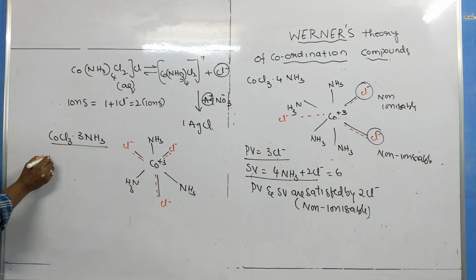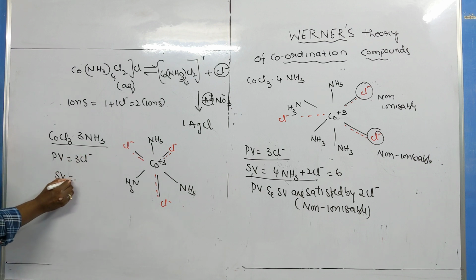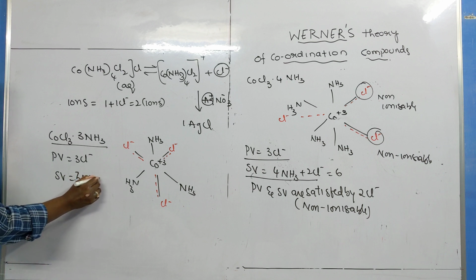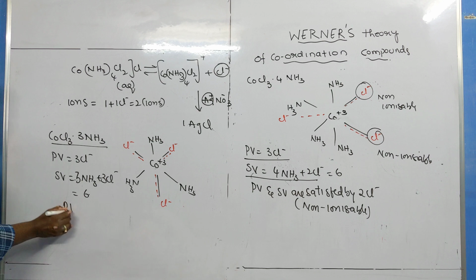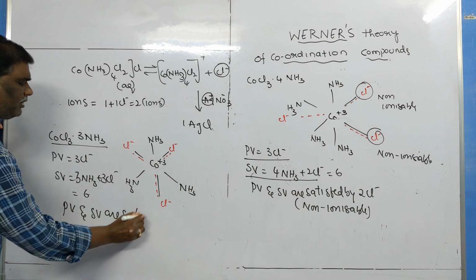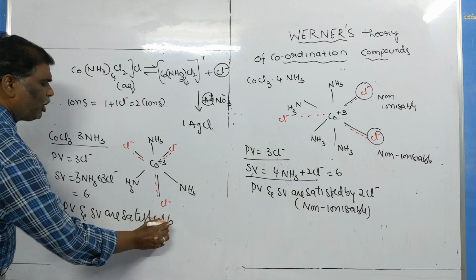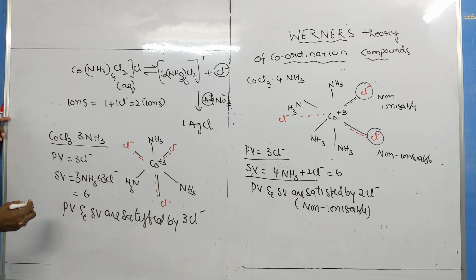Now clearly, primary valency is satisfied by 3 chloride ions. Secondary valency is satisfied by 3 NH3 and 3 chloride ions. Totally 6 is our secondary valency. Both primary and secondary valencies are satisfied by how many chlorides? 3 chloride ions.